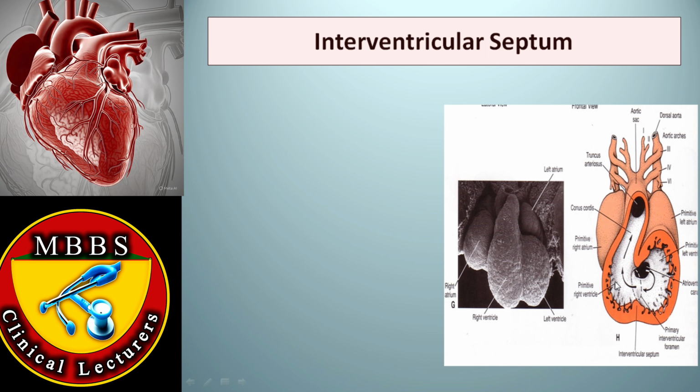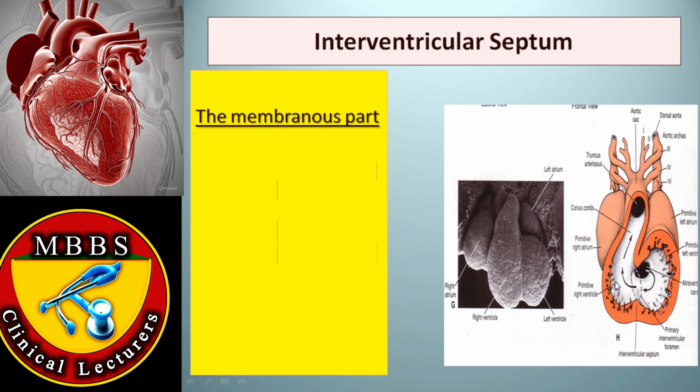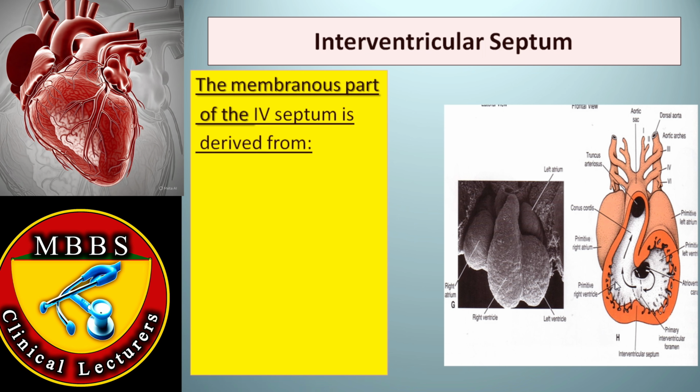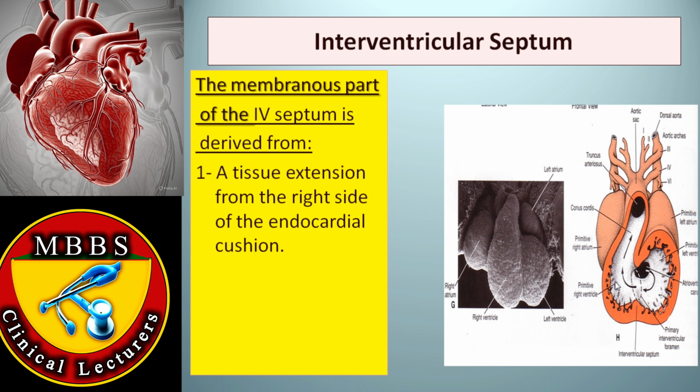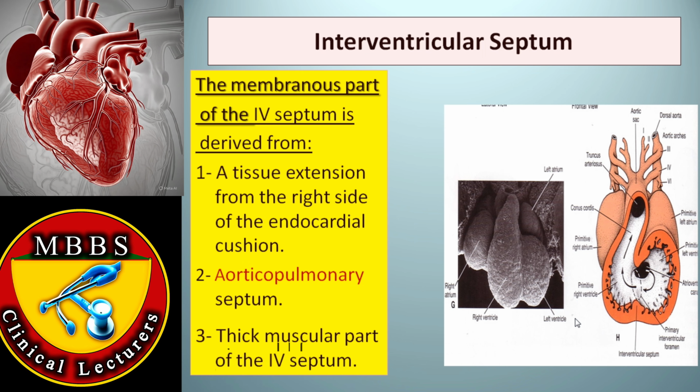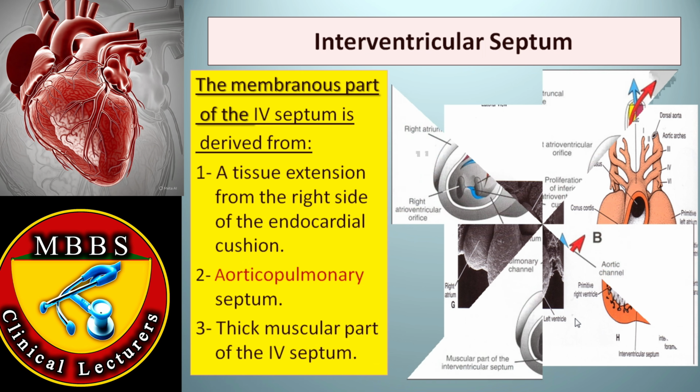So the interventricular septum develops from different sources, the membranous and the muscular sources. The membranous part of the interventricular septum is derived from the extension of the right side of the endocardial cushion. इस जगह पे endocardial cushion था, यहाँ से जब extension हुई, that gives the membranous part, and also there is an aortopulmonary septum. इन दोनों ने मिलके इसका membranous और the outflow part बनाया है.